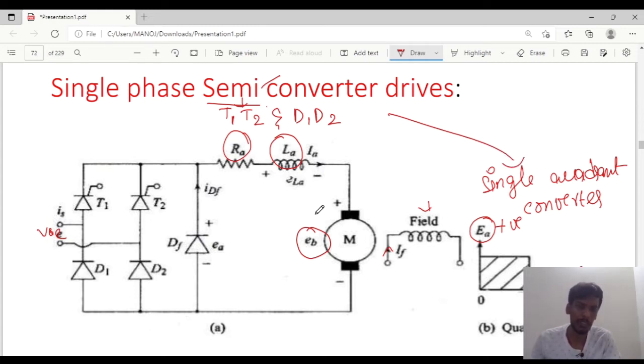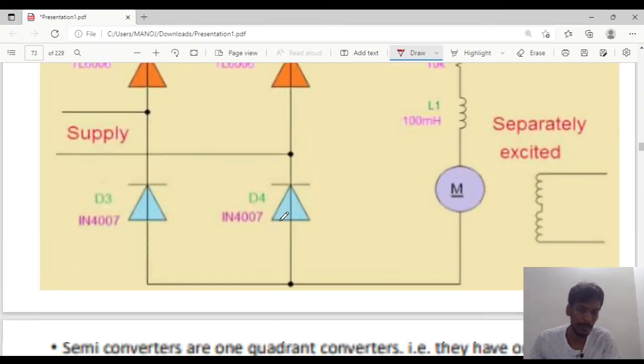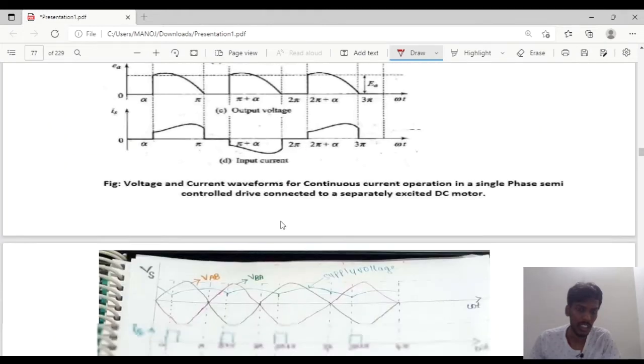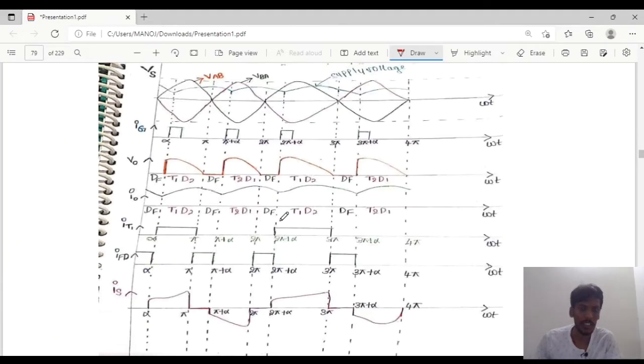Next we will move on to waveforms. If the separately excited motor is connected to a single phase semi converter drive, these are the waveforms. For this waveform, if we observe, the source voltage changes its polarity every 180 degrees.